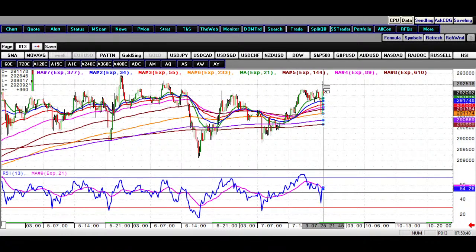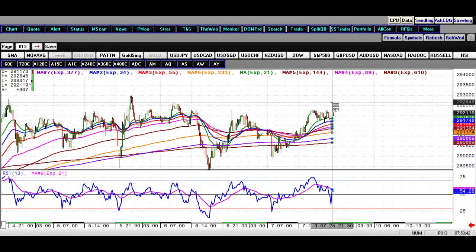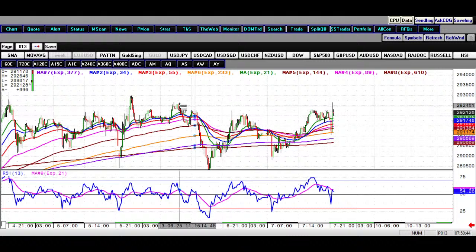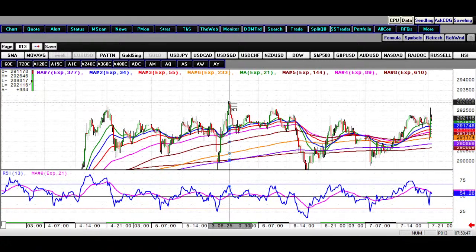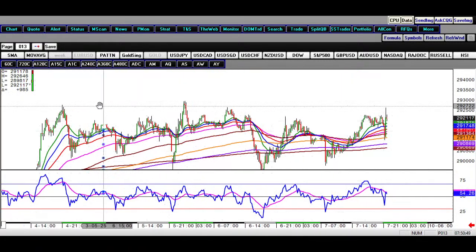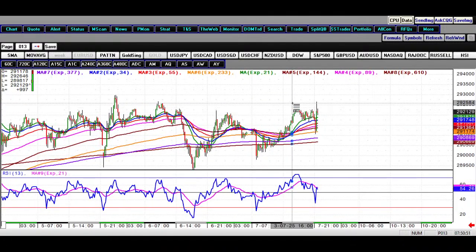This 26, you see here, one, two, three, four, in fact four times it was rejected. Which means there are no buyers above this level. So we can go for a sell. 23 would be your good level. Put a stop at 27.